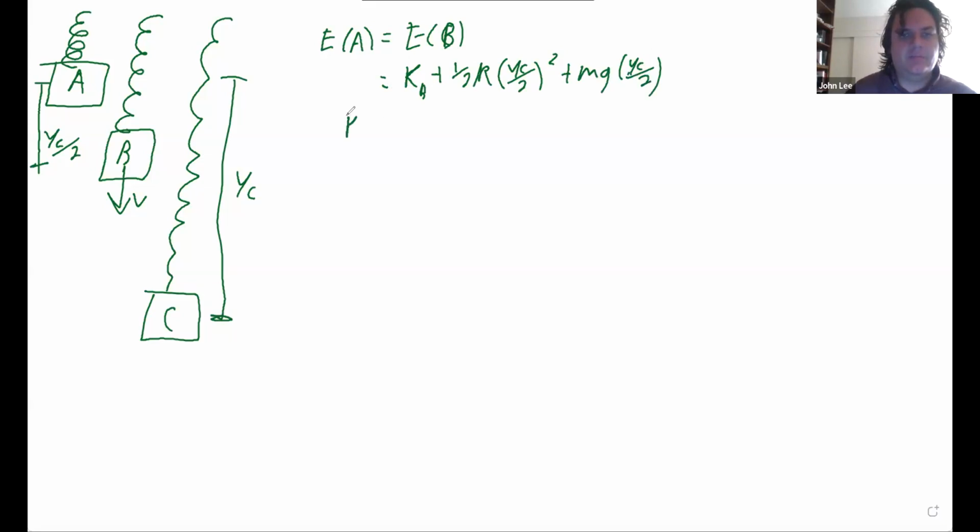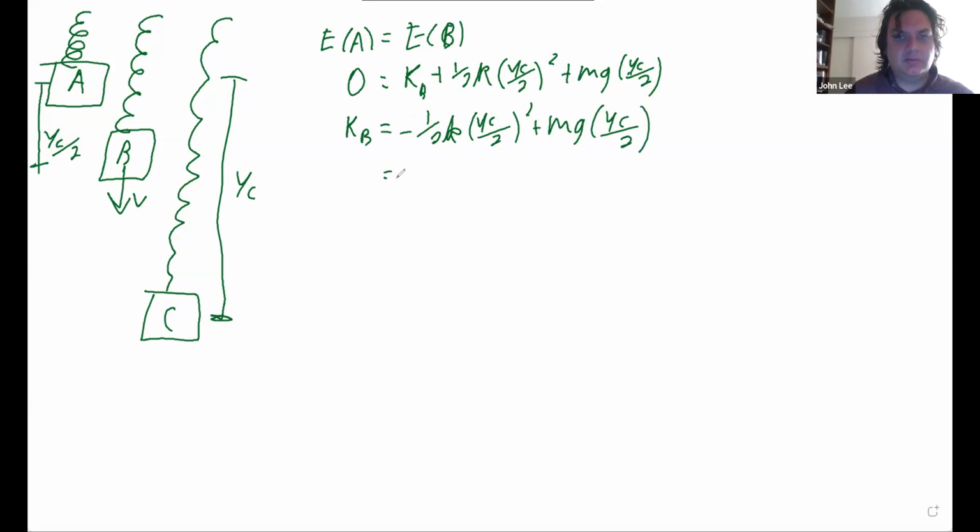So KB is equal to negative 1/2 K YC over 2 squared plus mg YC over 2 is equal to negative 1/2 K. Oh, yeah, sorry. That should be a minus.